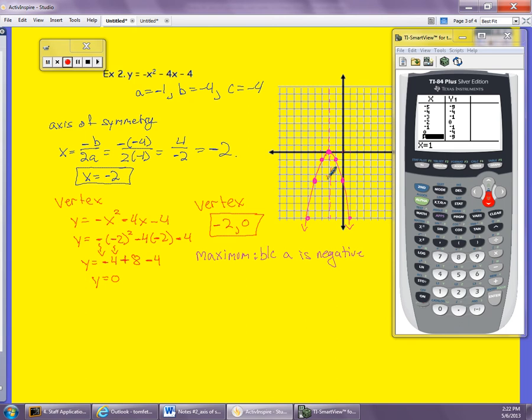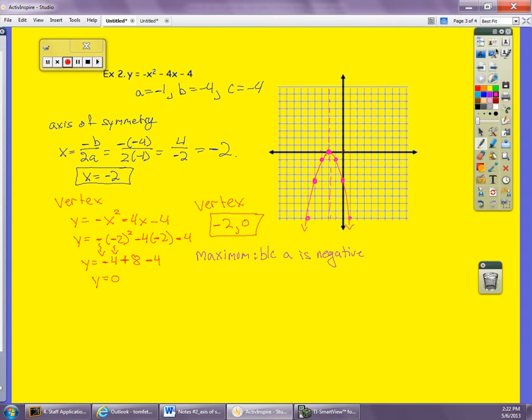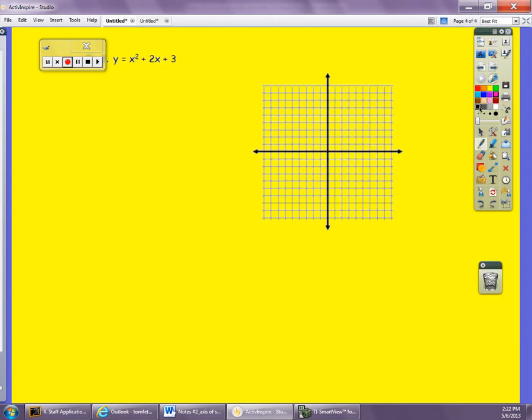And if we look at the third example over here, we have x squared plus 2x plus 3. Well, we can say that a equals 1, b equals 2, and c equals 3. So to find our axis of symmetry, we use this formula x equals negative b over 2a.